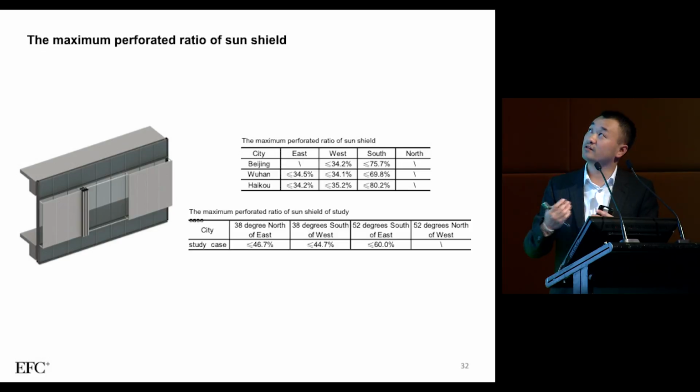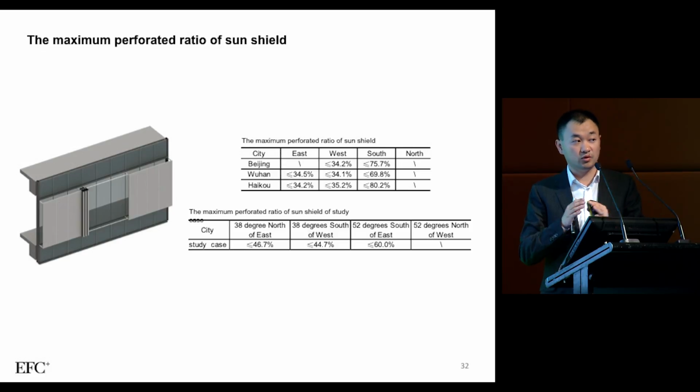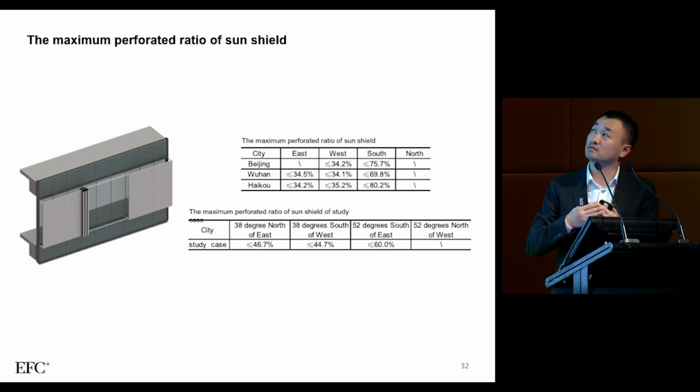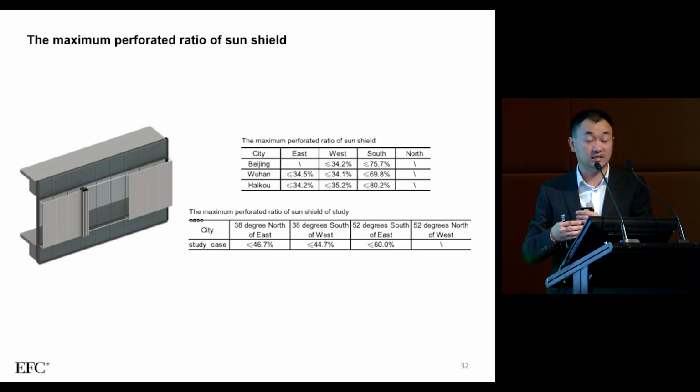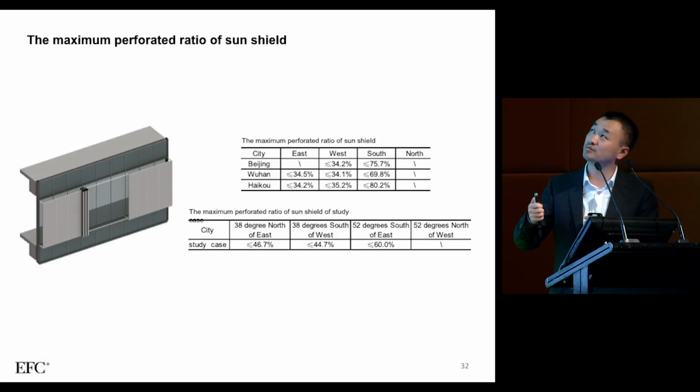And another thing is the perforated ratio. When the building is covered by some shield, like perforated aluminum panel or perforated stainless panel, we will have a certain perforated ratio. Actually, we can calculate different ratios to match the four conditions we previously mentioned.